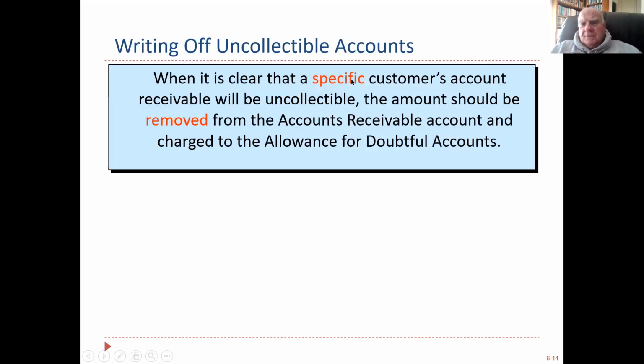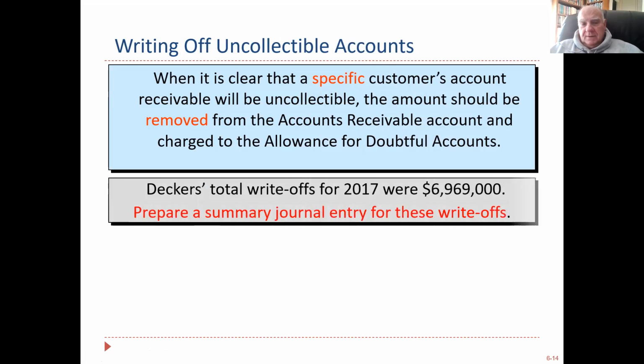Well, when it's clear that a specific customer's account will be uncollectible, now we can remove it from the AR aging. And we're going to remove it from the aging, of course, by crediting accounts receivable and debiting the allowance for doubtful accounts. Okay. So here, again, they're giving us the number.